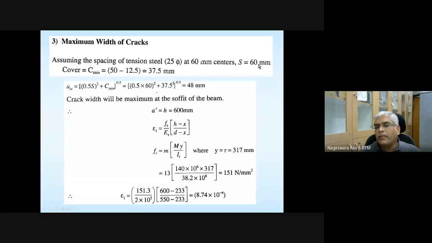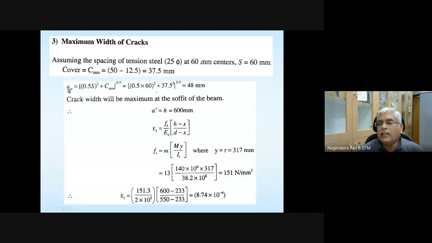Please note that this cover thickness, whatever 50 cover, is to the center of the rebar. Clear cover is 50 minus half the diameter of the bar, 25 mm. So half the diameter of the bar is 12.5 mm.